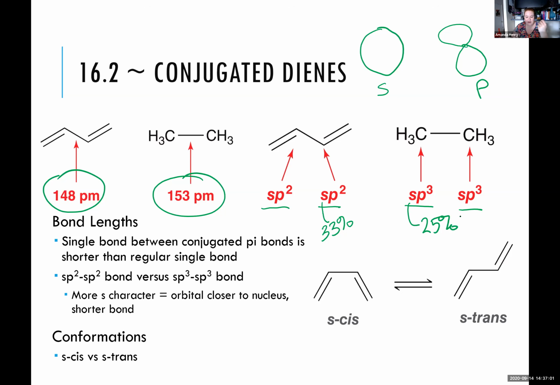All right, why we care about that is because the sp2 orbital, because it has more s character, the percentage of s is higher, it's going to make that orbital closer to the nucleus. Because an s orbital in general, because it has that sphere shape, is more condensed and closer to the nucleus, so the hybrid is also going to be closer to the nucleus, which will make it have a shorter bond.